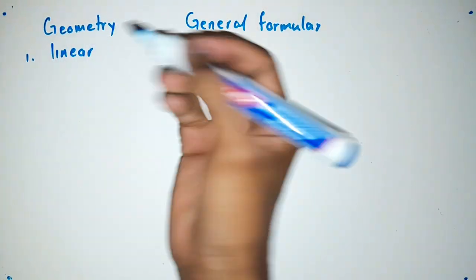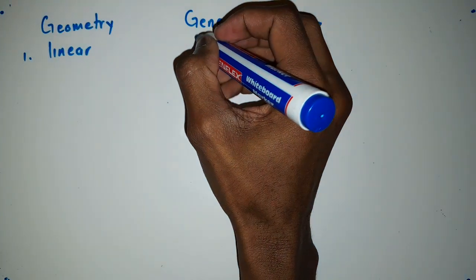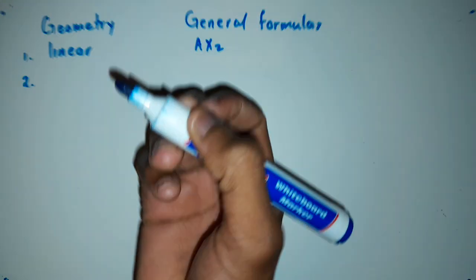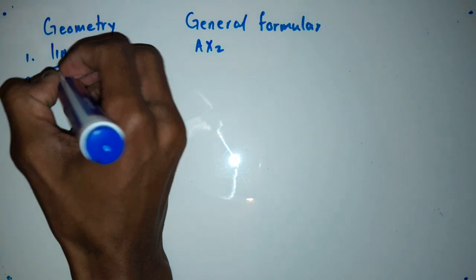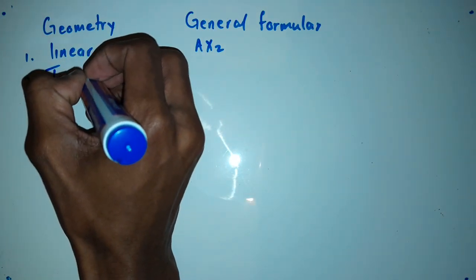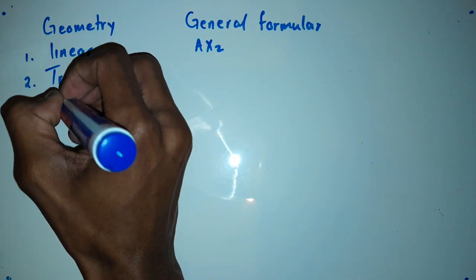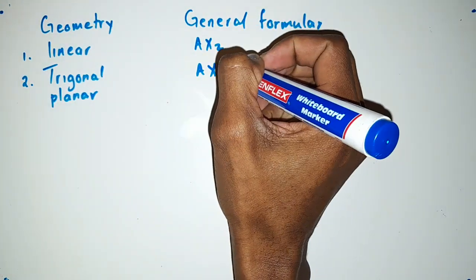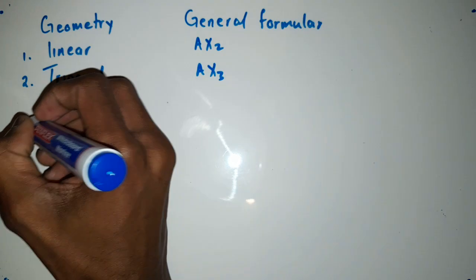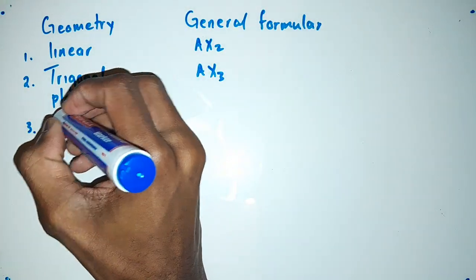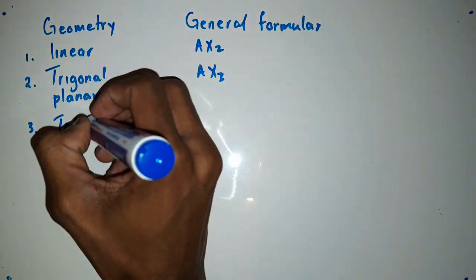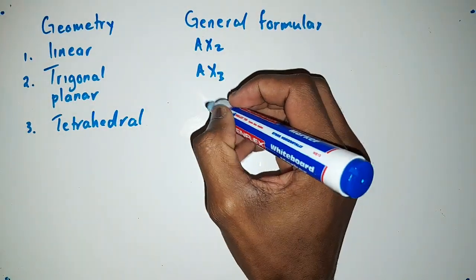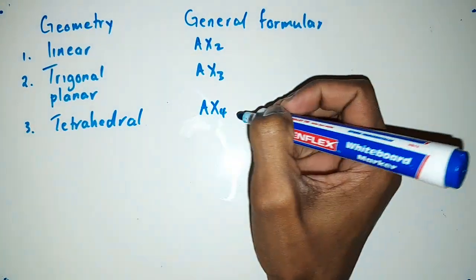Number one, we had a linear, which is given by AX2. That one is so simple. Number two, we had a trigonal planar, which is given by AX3. Then number three, we have a tetrahedral, which is given by AX4.